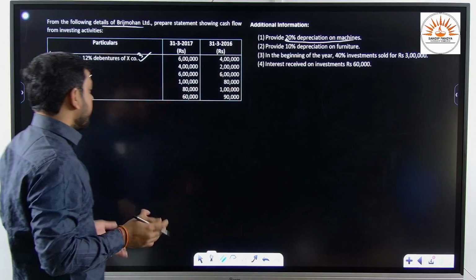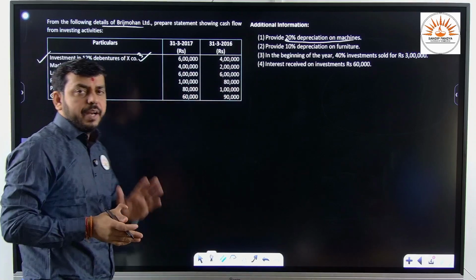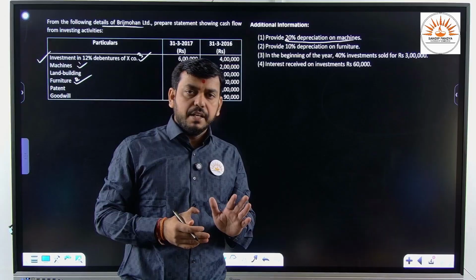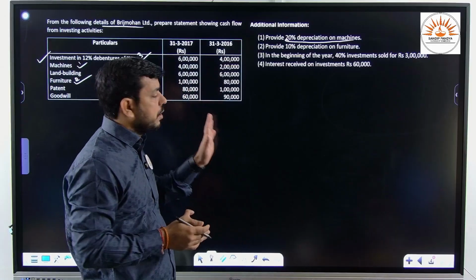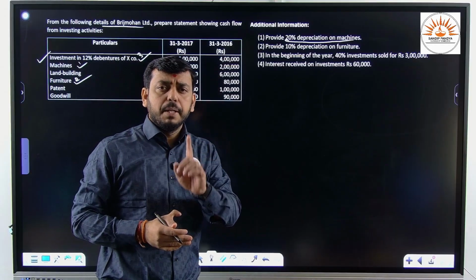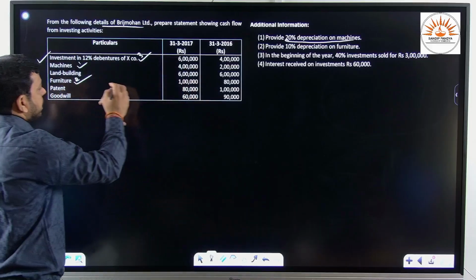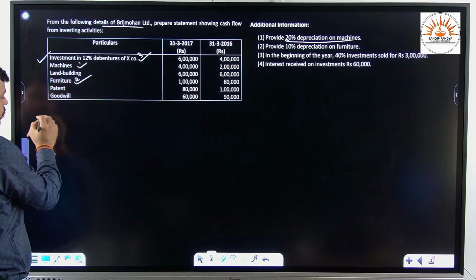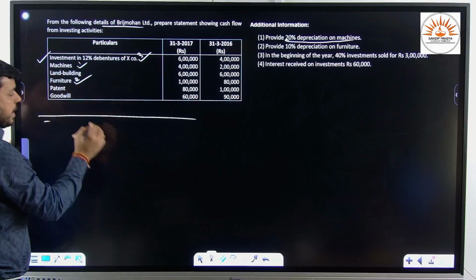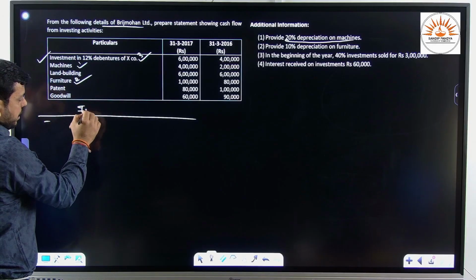So sir, what do we first of all do here? Whenever we have been given any additional information over and above this table, keep in mind, prepare the table for all these items. First of all, we shall prepare the table one by one for investment account. Let me show you where I am preparing the table for investment account.